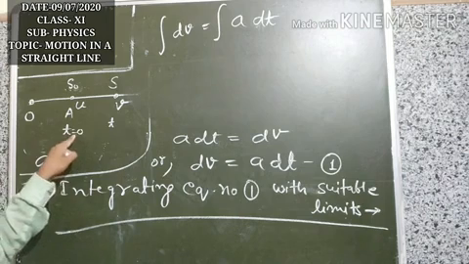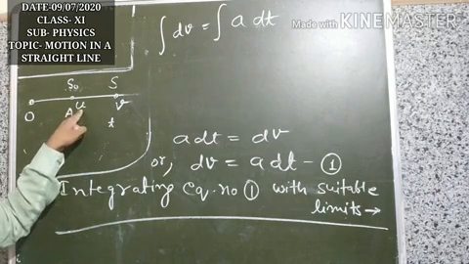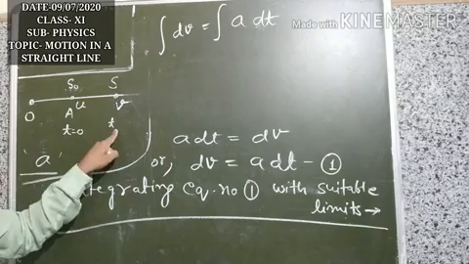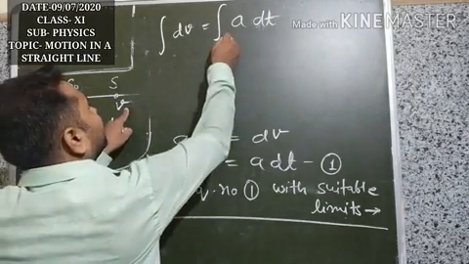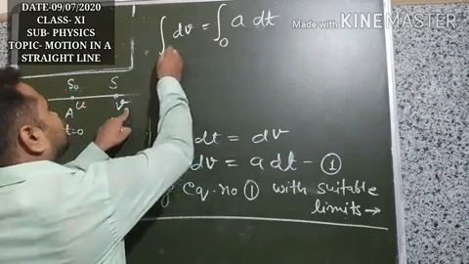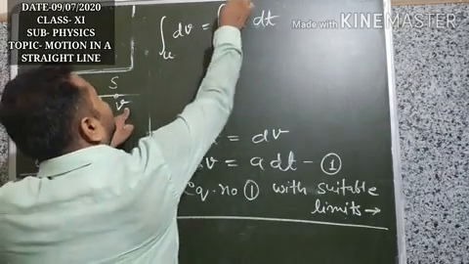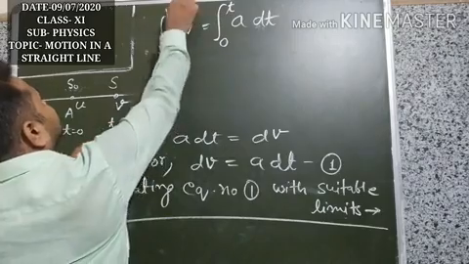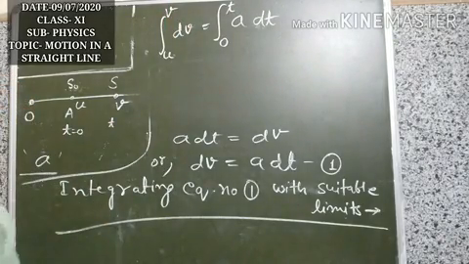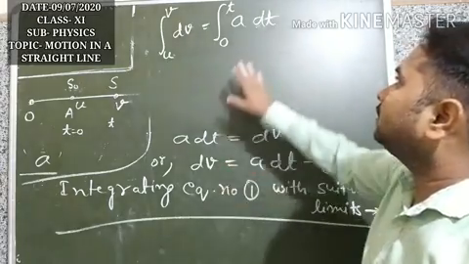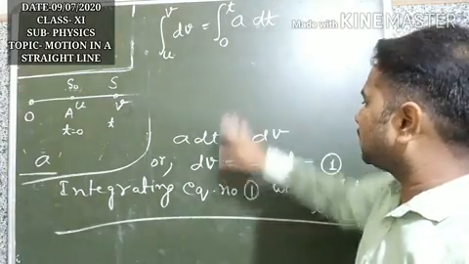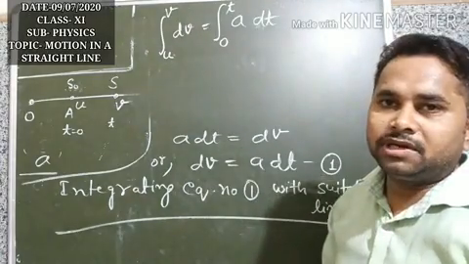See how we are doing it. When time is 0, initial velocity u, and when time is t, velocity becomes v. So I am writing here, when time is 0, then velocity is u, and when time becomes t, velocity becomes v. So these are the suitable limits for integrating this equation.